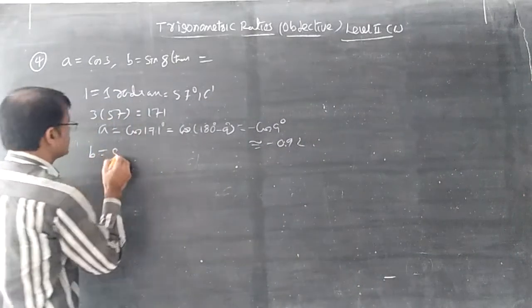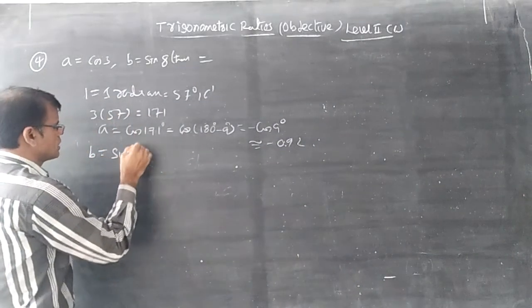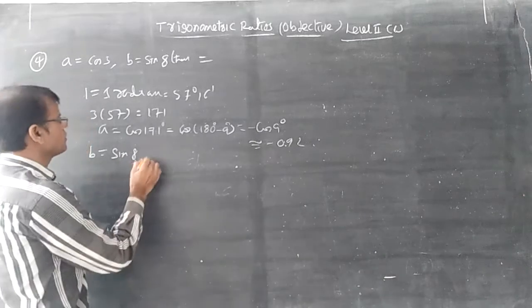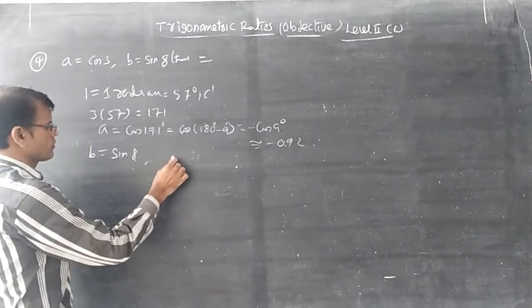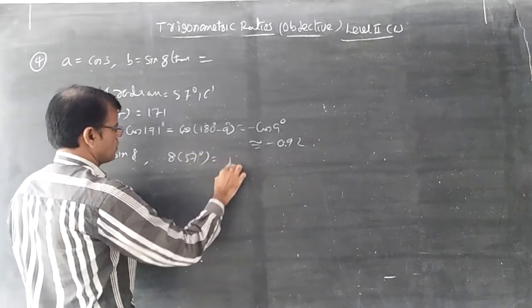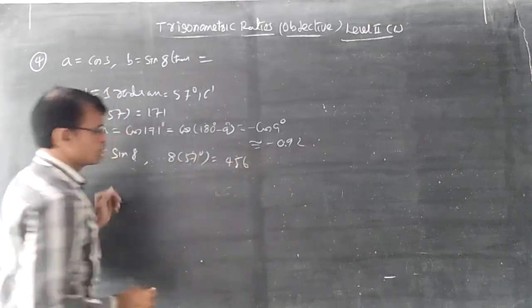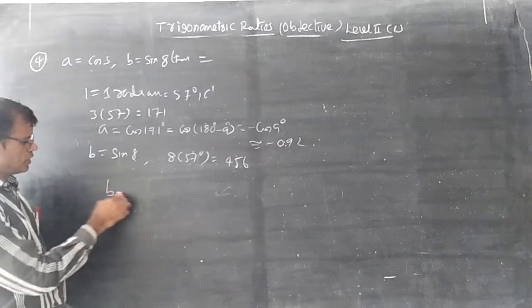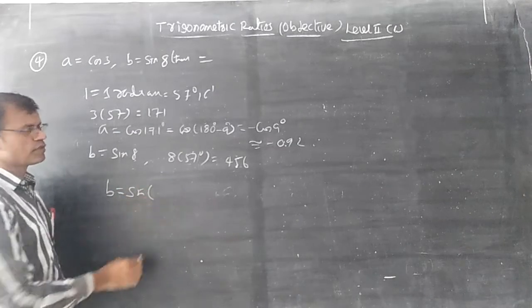Now b. Let us discuss b is equal to sin 8. 8 into 57, you calculate. 8 into 57 is 456. So b is equal to sin 456.